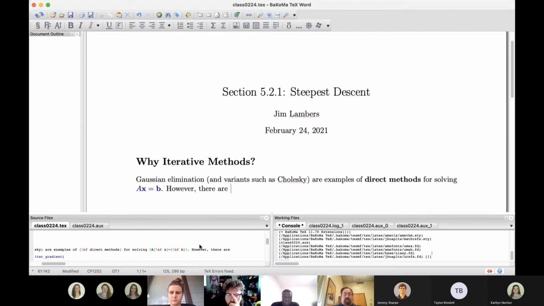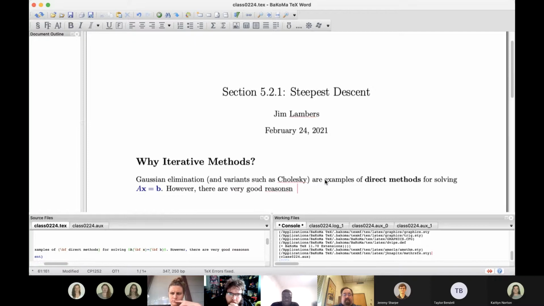Now, for a general case, Gaussian elimination with partial pivoting is the way to go. And then there are certain special cases where you do something different. But there are very good reasons to not use direct methods.